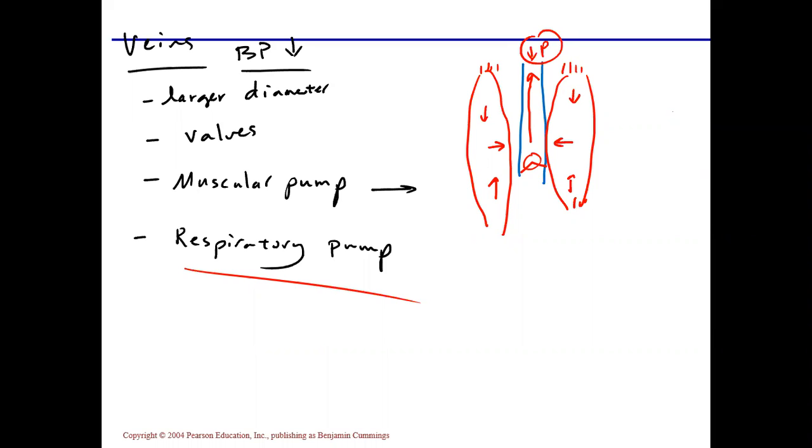The challenge is all these veins coming in and merging into the inferior vena cava specifically, but also the superior vena cava as well. So those are the four factors aiding the venous return.